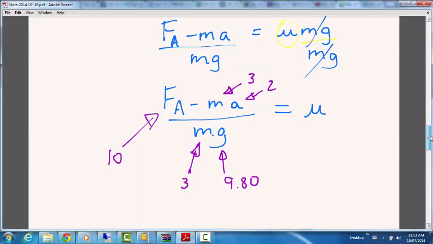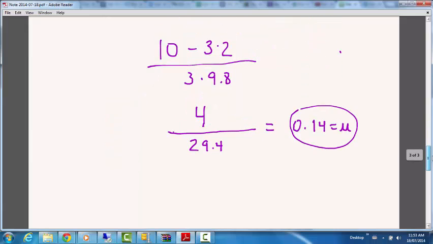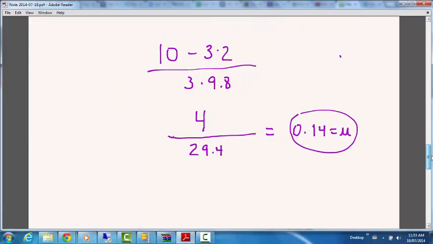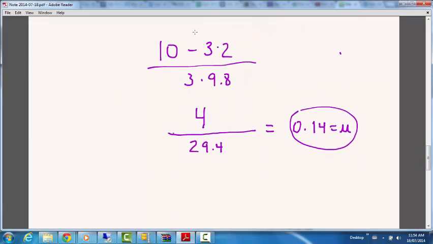So I get 10 minus 3 times 2 divided by 3 times 9.8.